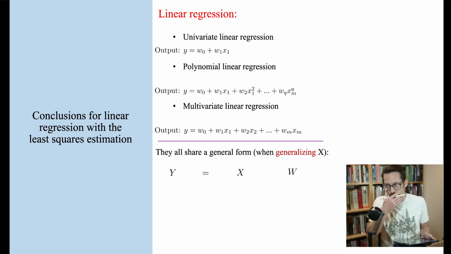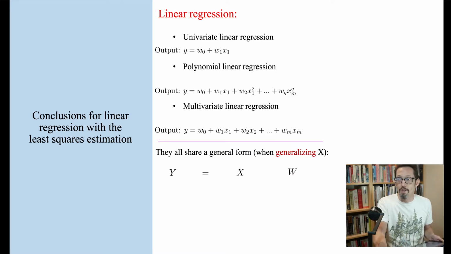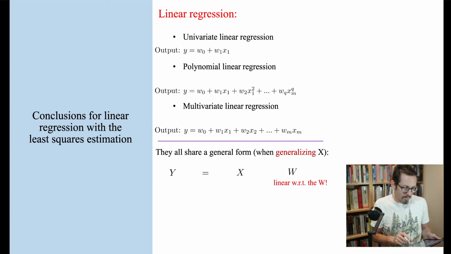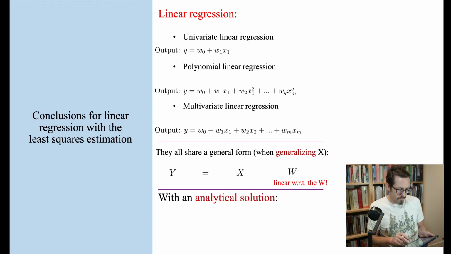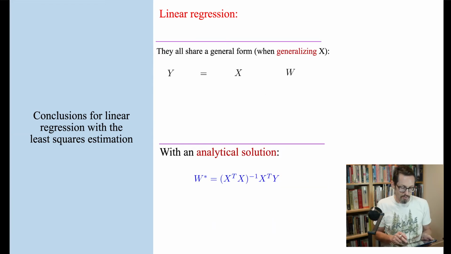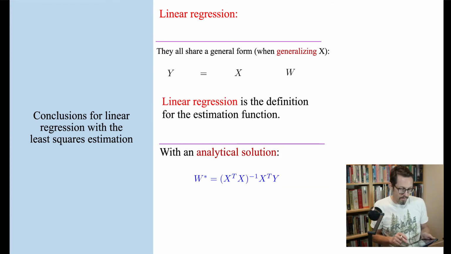The only thing that's changing is the exact form of this X and W, what those numbers represent, what the different columns are. But the math stays the same, and that's the key. The only thing we care about is if all of this is linear with respect to those parameters. And if it is, we have an analytic solution.